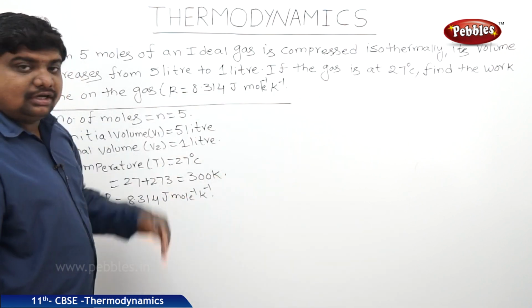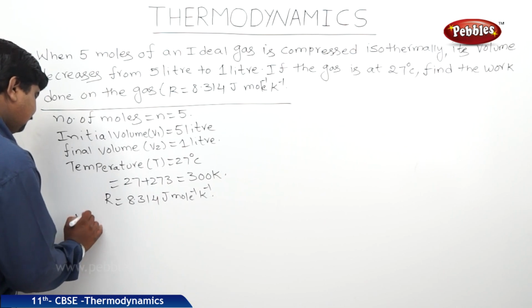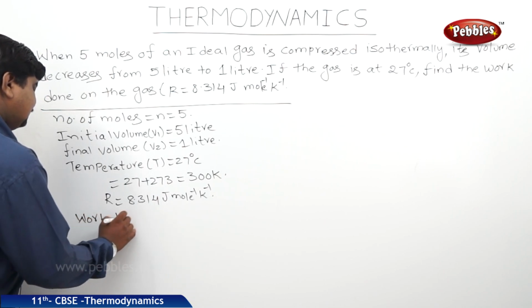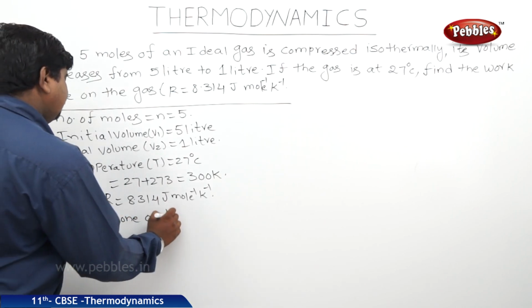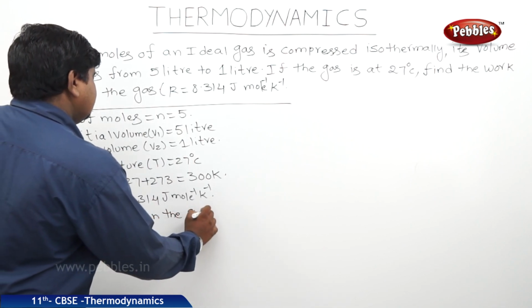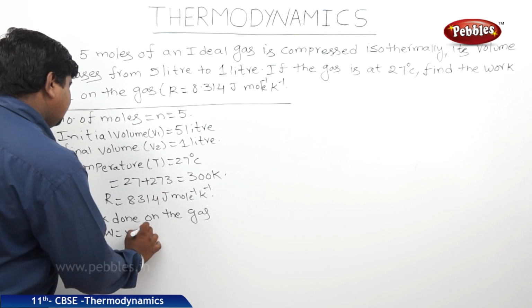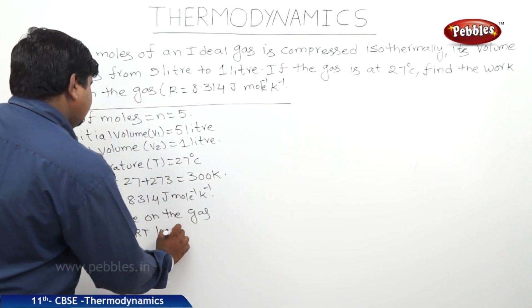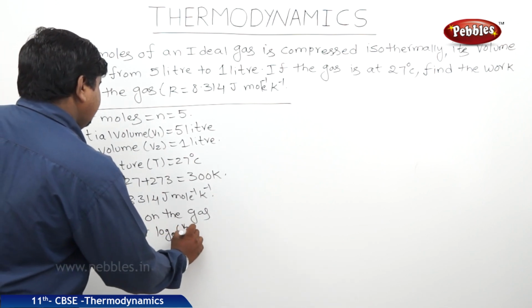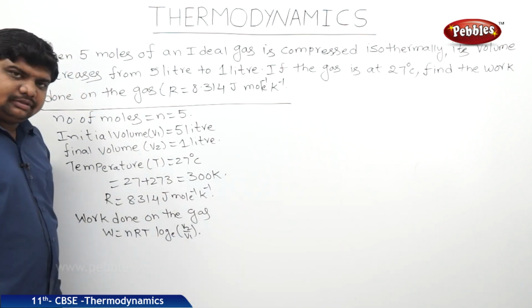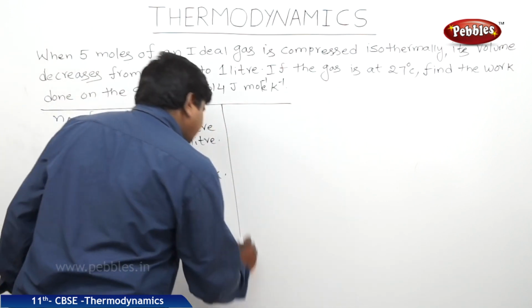Now we should find out the work done on the gas. Therefore, work done on the gas W is equal to nRT log e into V2 by V1. Now this value will change like this.